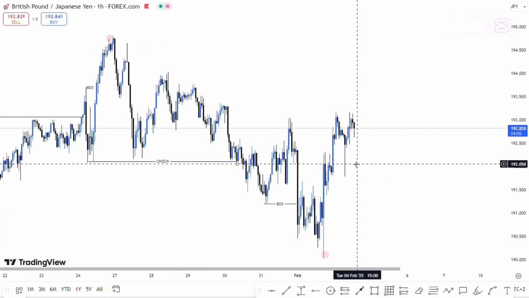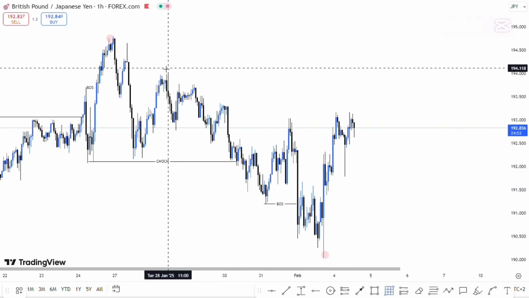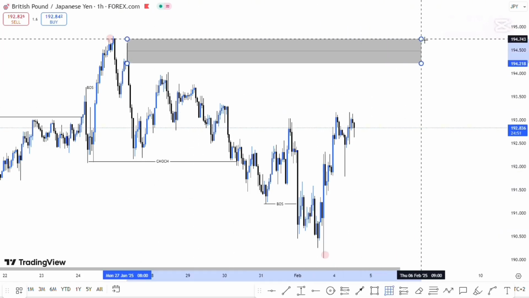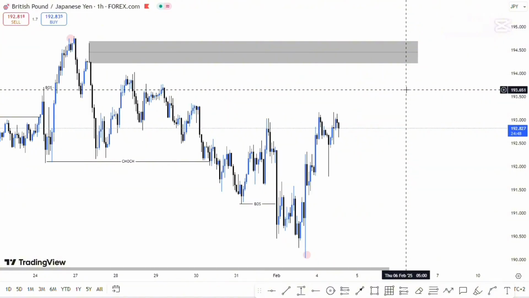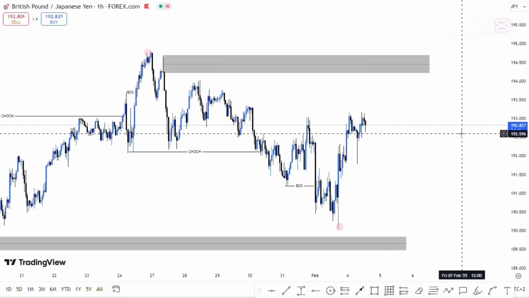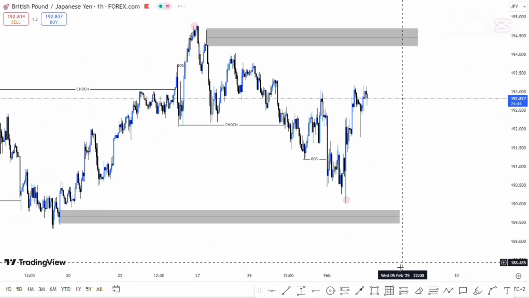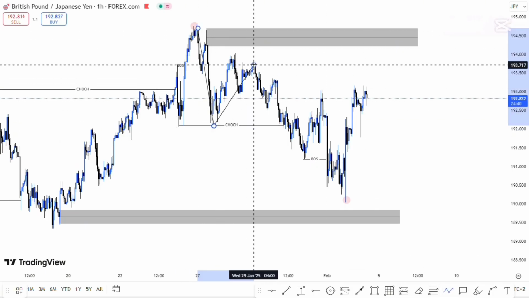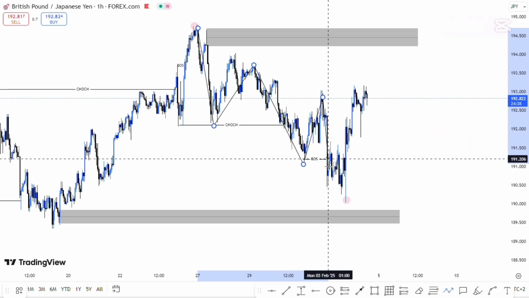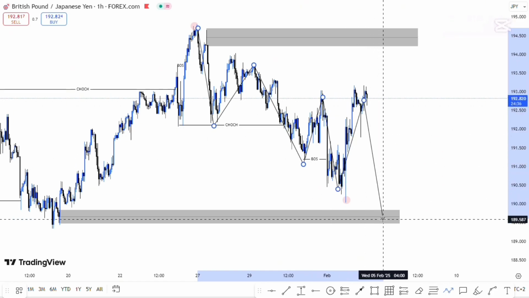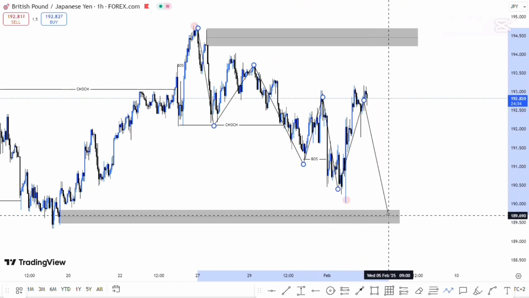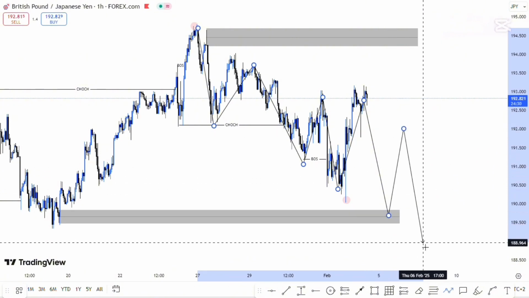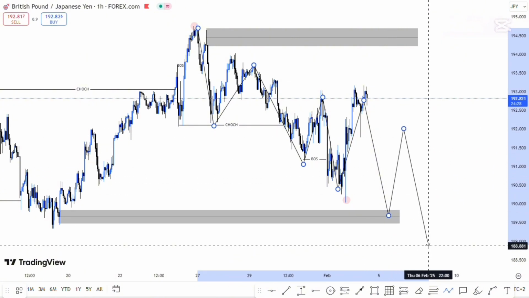Looking at the origin which caused the change of character, it is this one at the top. As you can see how price is moving, price has been breaking structures continuously. So this order block is likely not to hold, so price is likely to break it and continue bearish.